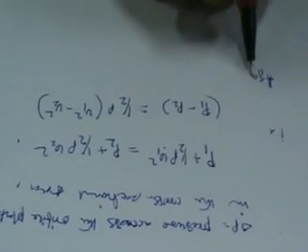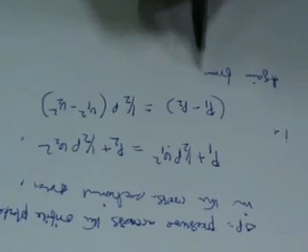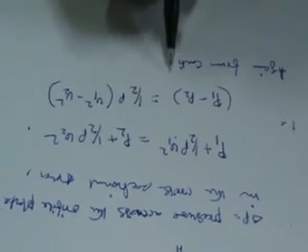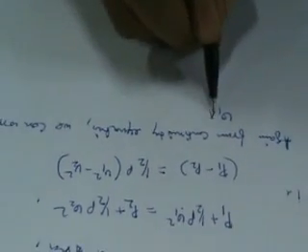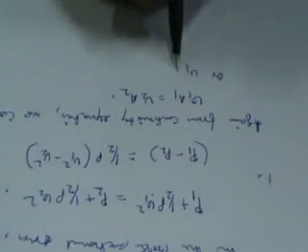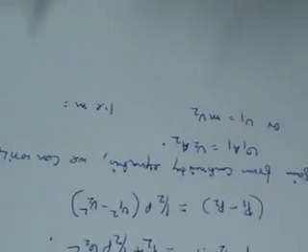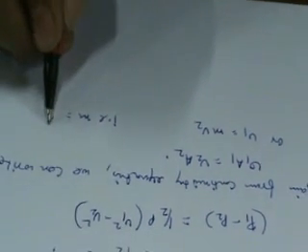Again, from the continuity equation, we can write V1 A1 equals V2 A2, or V1 equals m V2, where m is the area ratio A2 by A1.